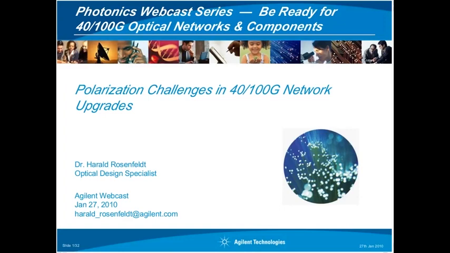And since 2007, we are part of Agilent now, and we sort of contributed our products to the Agilent portfolio. And so I'm quite a while in this polarization area, and somehow I have the feeling it's not getting less when we move to 100G. And 100 gigabit, I'm going to tell you why we think this.